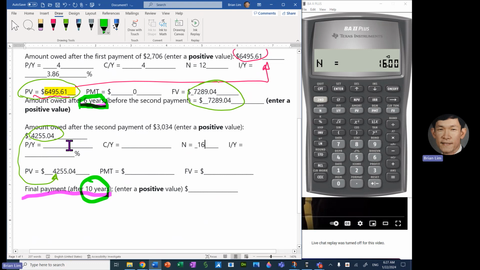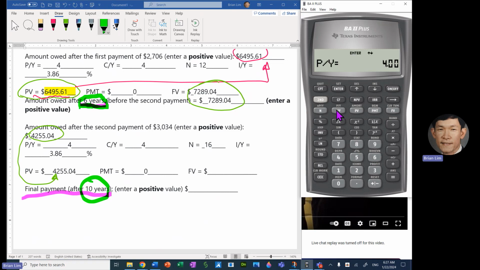Now P/Y and C/Y, like I said, remain the same throughout the calculation, no change. So we don't need to touch them. We don't need to touch the interest either. Interest is still 3.86. Payment is always 0. And I think we have everything correct, but you could even go back in and check that P/Y is 4, C/Y is 4.